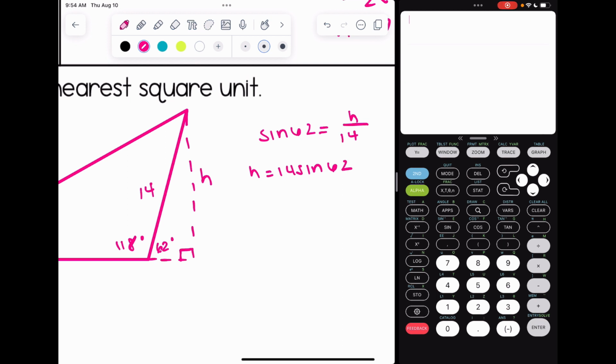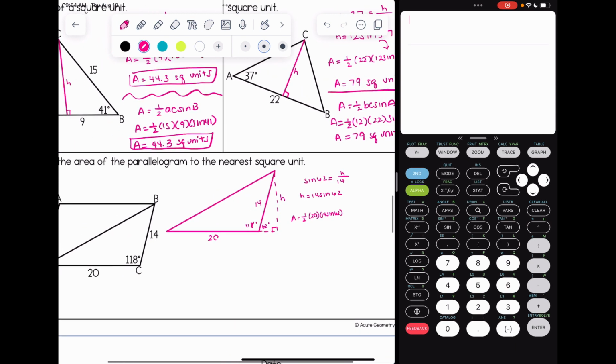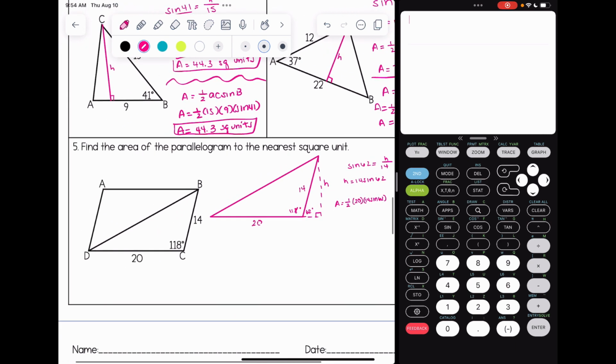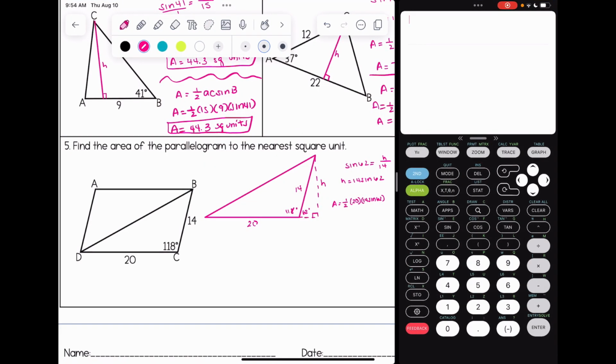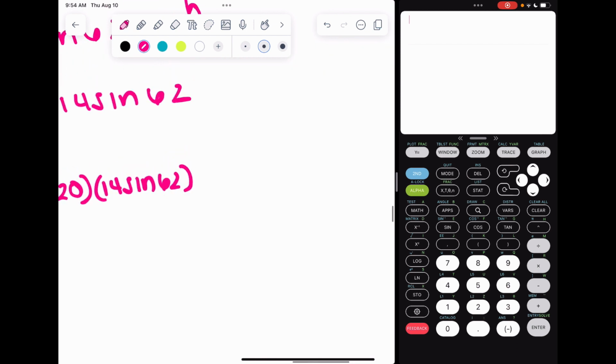All right. So when we are plugging this into the area formula, it's 1/2, the base is 20, the height is 14 sine 62, but let's hold on a second. Remember our original picture. It's a parallelogram. In a parallelogram, the diagonal splits it into two congruent triangles. So really what I have here is the area of the triangle.